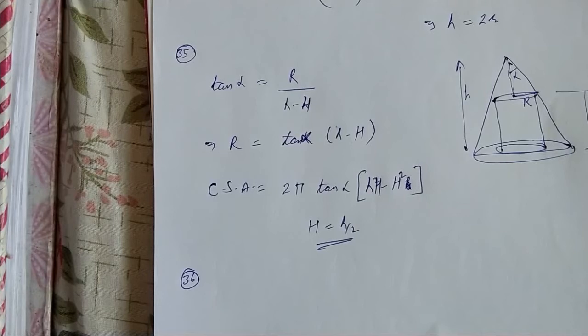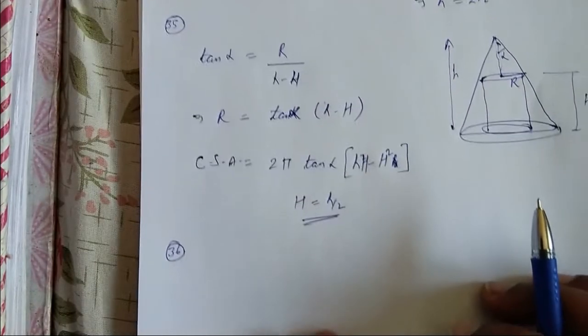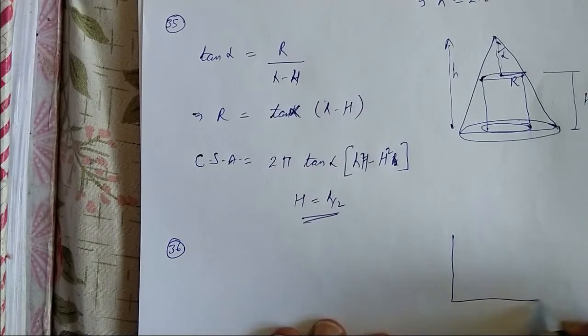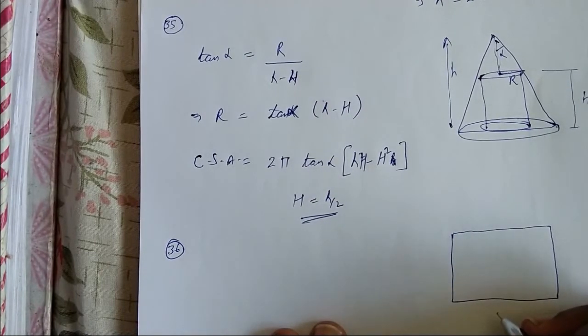So we have been given a rectangular sheet of metal with sides a and b, and 4 equal square portions removed. Okay, so this is the rectangular sheet of a and b.